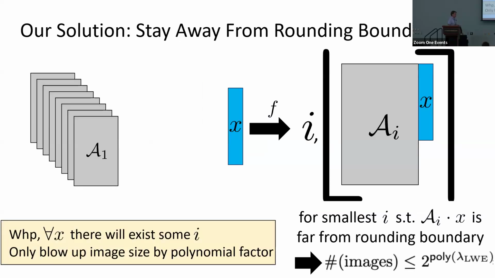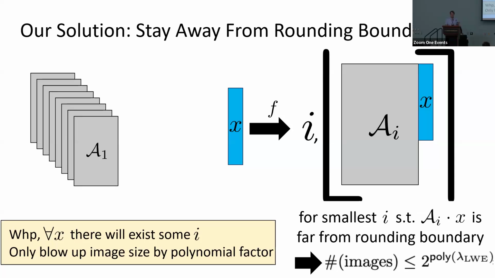So we give a relatively simple solution to this problem: I'm just going to stay away from rounding boundaries. I'll end up having multiple matrices. I'll start with the first one: if I take A1, multiply by x, am I close to a rounding boundary? If I'm not, then I know that in the lossy mode, rounding will eliminate the errors, and so I'm happy.